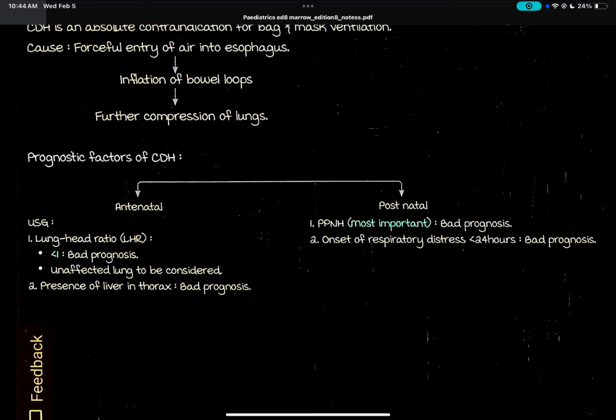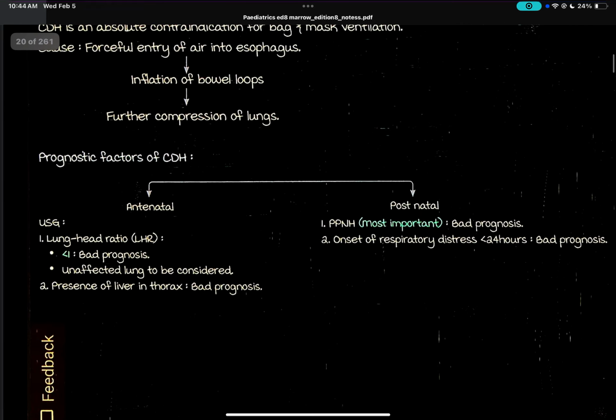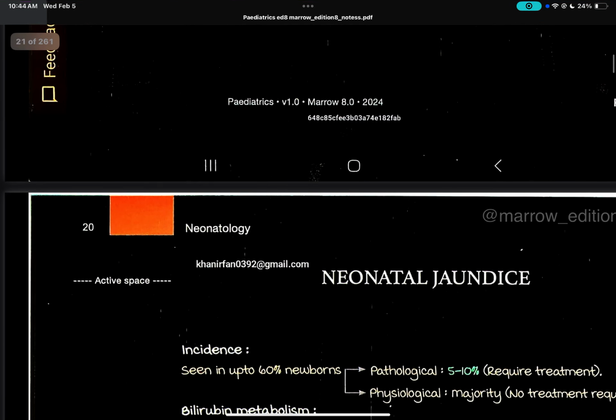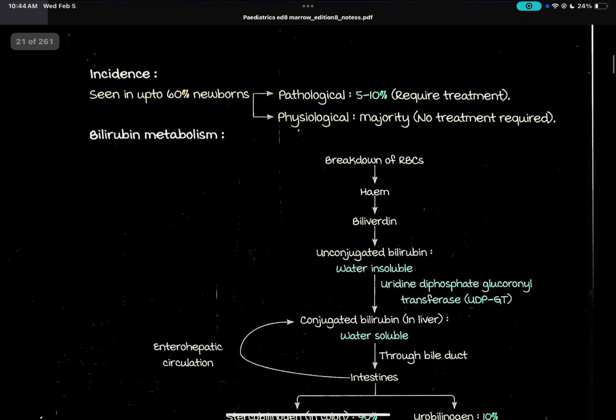These are the antenatal factors, lung to head ratio and liver in the chest. Postnatal: if it has persistent pulmonary hypertension, then it is a bad prognosis. And onset of respiratory distress within the first 24 hours is also a bad prognosis. We'll see neonatal jaundice in the next video.